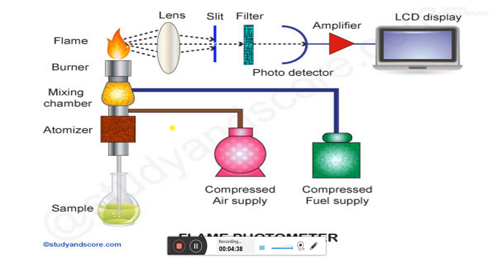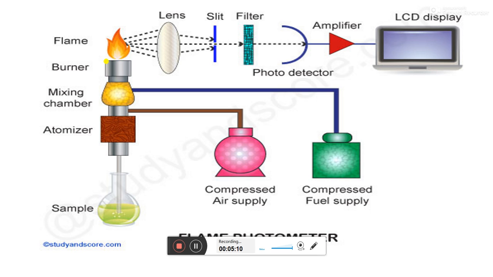While we are feeding or testing the sample, first the sample is atomized. Then in the mixing chamber, when it comes in contact with the flame, the heat energy provides energy to the atoms and they go into their upper state.